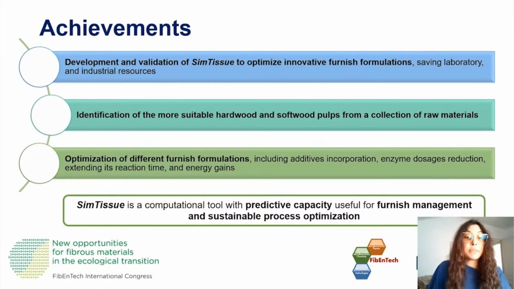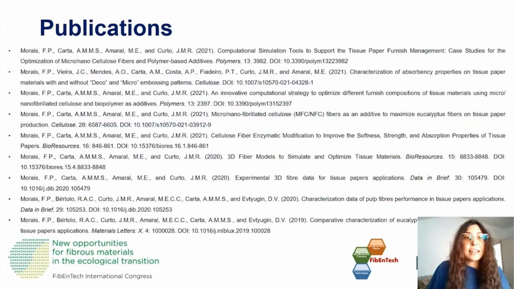So, sim tissue is a computational tool with predictive capacity useful for furnish management and sustainable process optimization. This slide lists the publication in which you can find more detail about the experimental design and the computational tools.